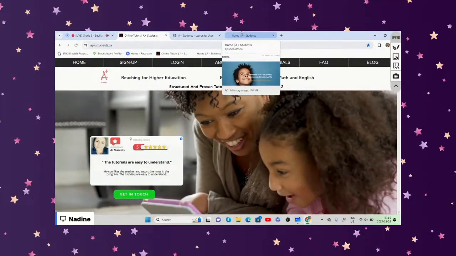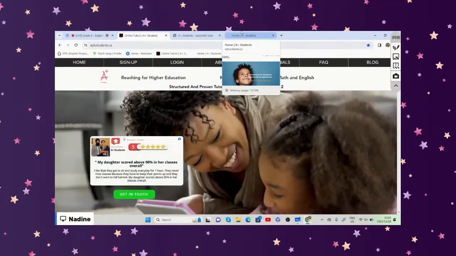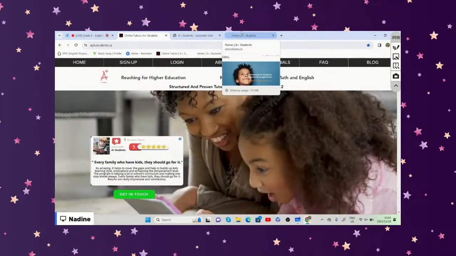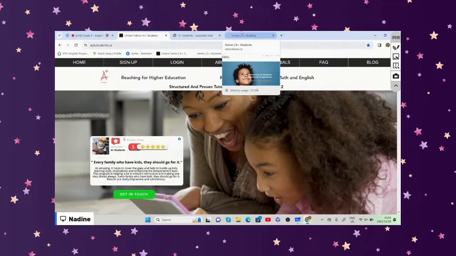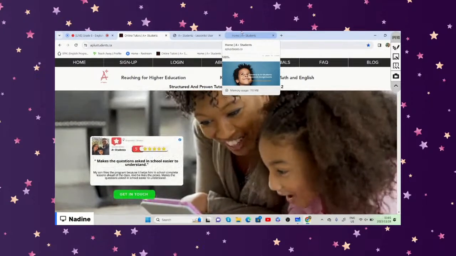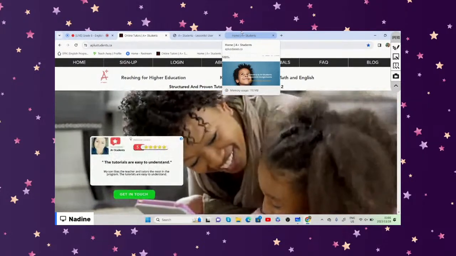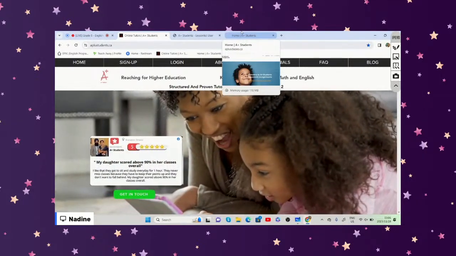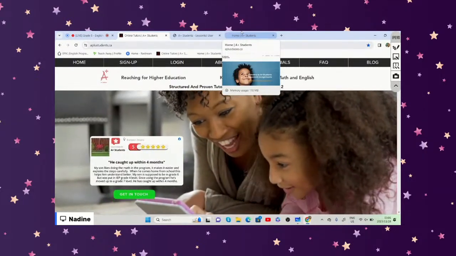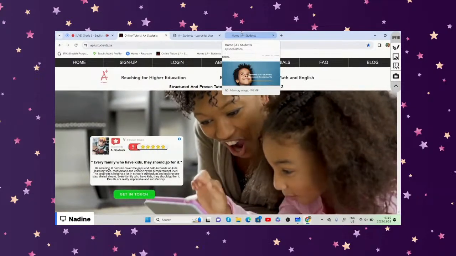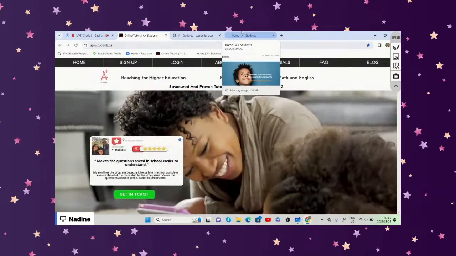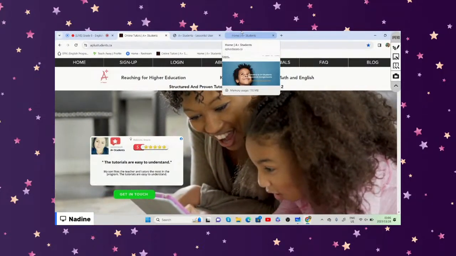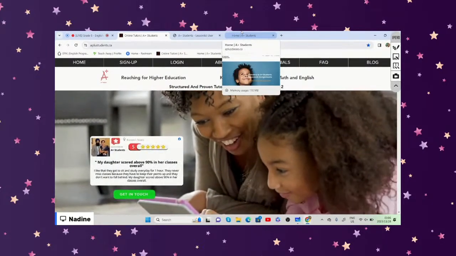Once we've logged on to aplusstudents.ca with our username as well as our password, and then we're going to select the subject of language arts. And then grade 8.